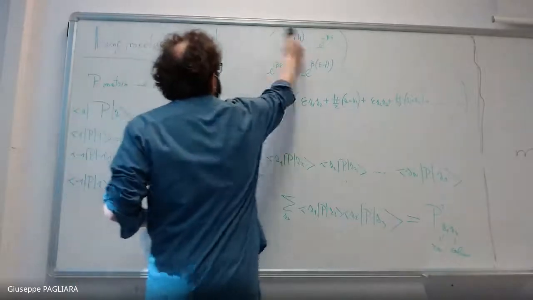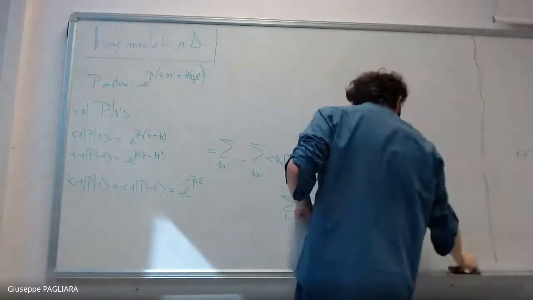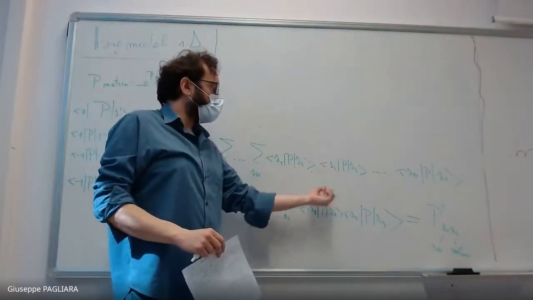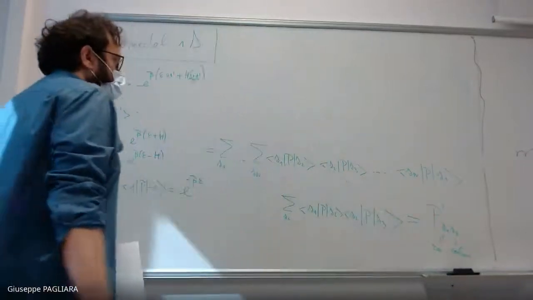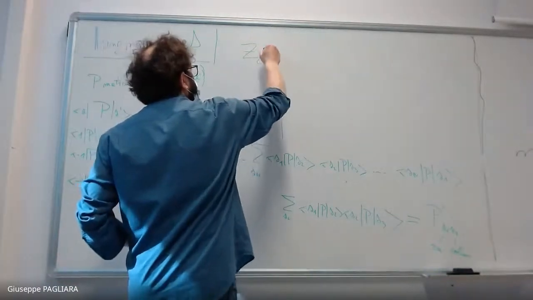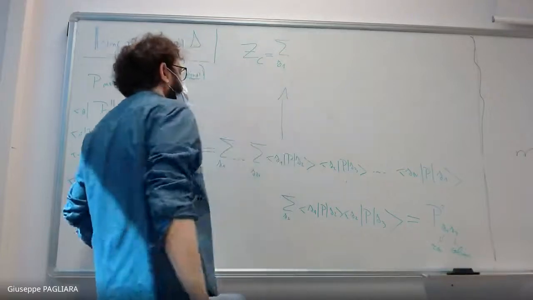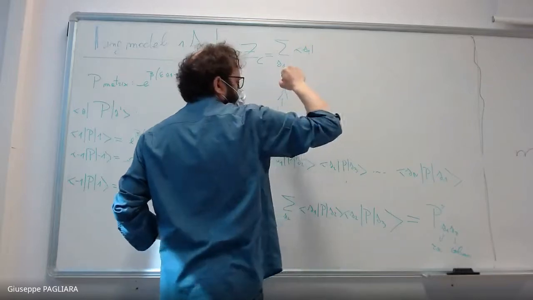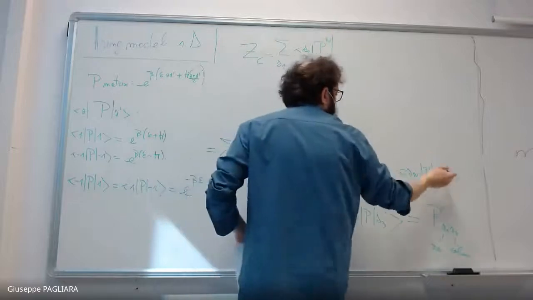So basically, by noticing that two of these factors correspond to the product of the matrix P by itself, this canonical partition function at the end is just the sum over S1 of ⟨S1|P^n|S1⟩.